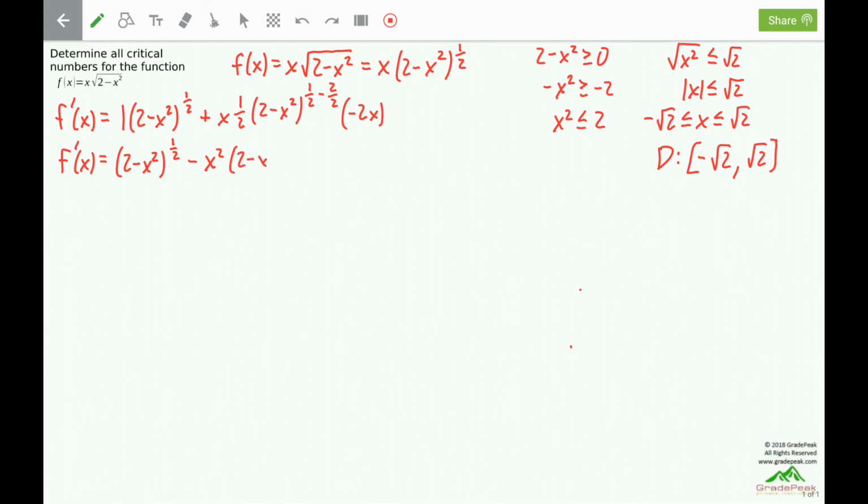And then there's the 2 minus x squared to the 1 minus 2, negative 1/2 power. Since it has a negative power, it will need to move to the denominator and become a positive power. So 2 minus x squared to the 1/2, minus the x squared will stay in the numerator, and the 2 minus x squared will move to the denominator to become a positive 1/2 power.